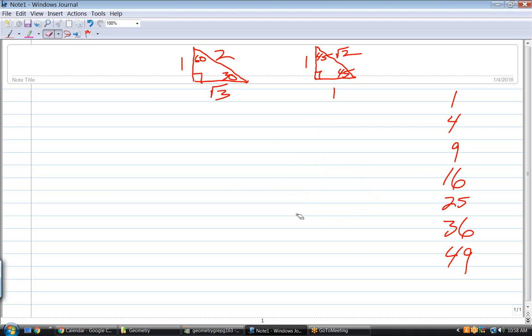I'm not sure it'll help you next semester in geometry. I'm not saying it won't. But the primary place it's going to help you is in any of these tests that have geometry in them. So much of the geometry is solving right triangles.